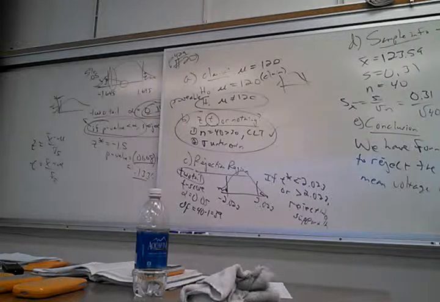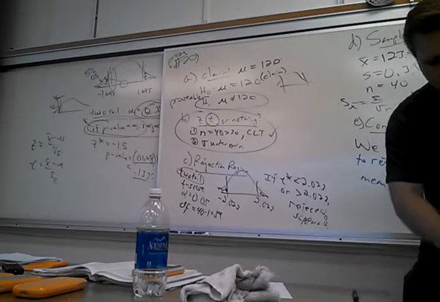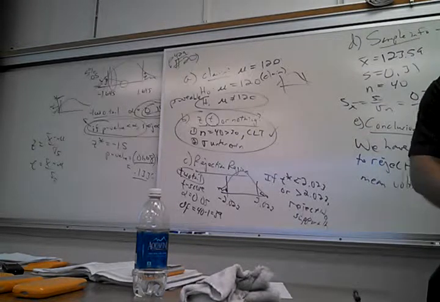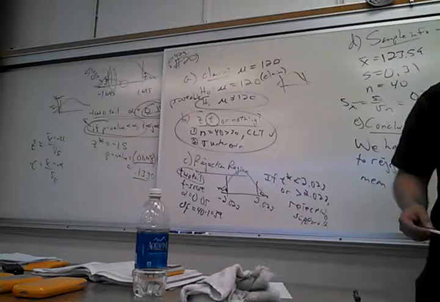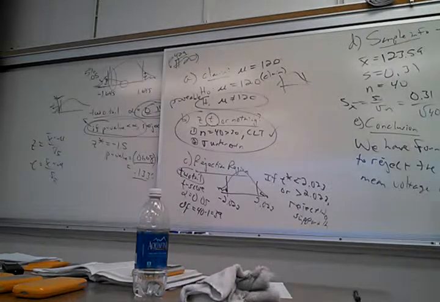What do I know for my sample? What was the x bar for my sample? 10.4. And what was S? Yeah, 2.34. And N was 45.